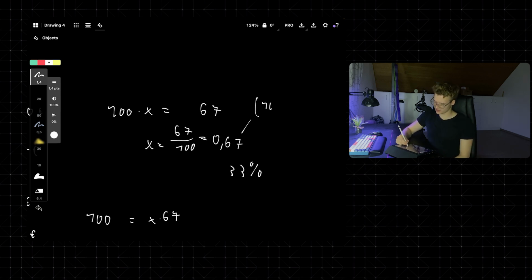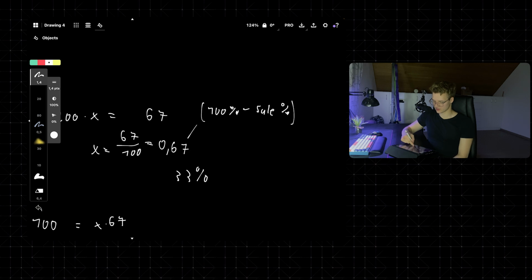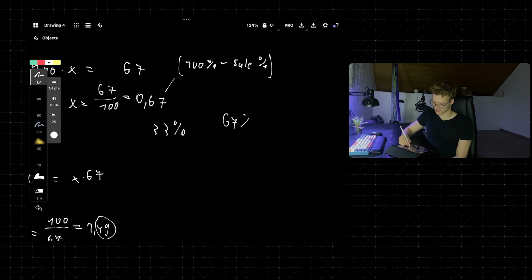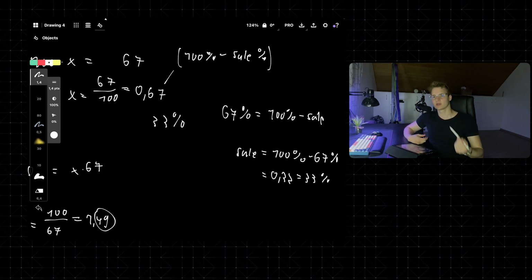This is basically 100% minus sale percent, okay? So you get that 67% is going to be 100% minus sale. So if we turn it around, sale is 100% minus 67%, which is going to be equal to 0.33 or 33%.